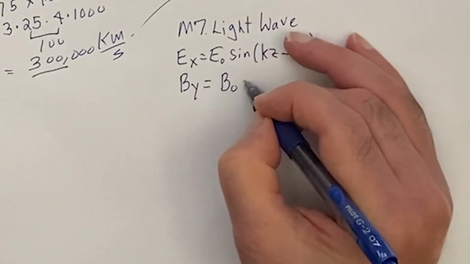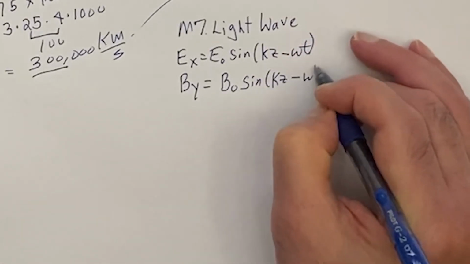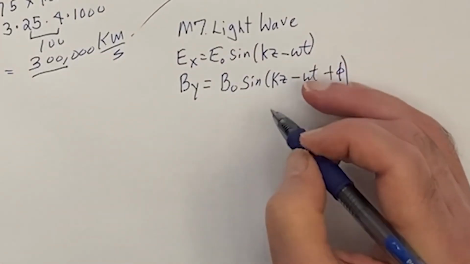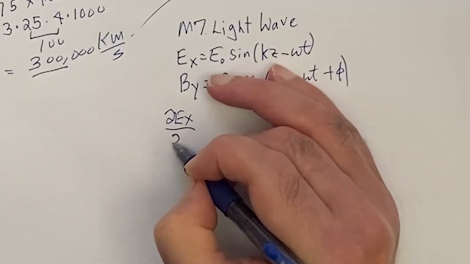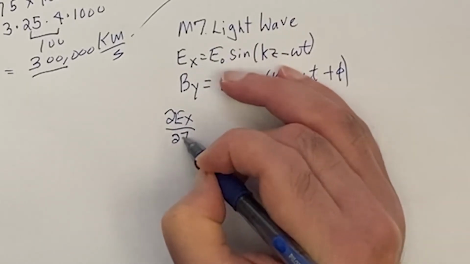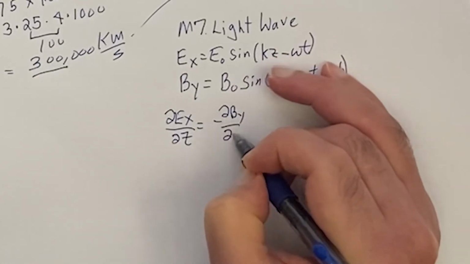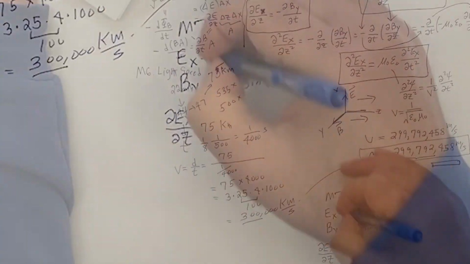So we'll do this. And you could add a phase in there just to play it safe. And then when you take the derivative of the X with respect to Z, which we did, that has to be minus dB/dt. That's one of the equations that we had done earlier. Let me just look up here.